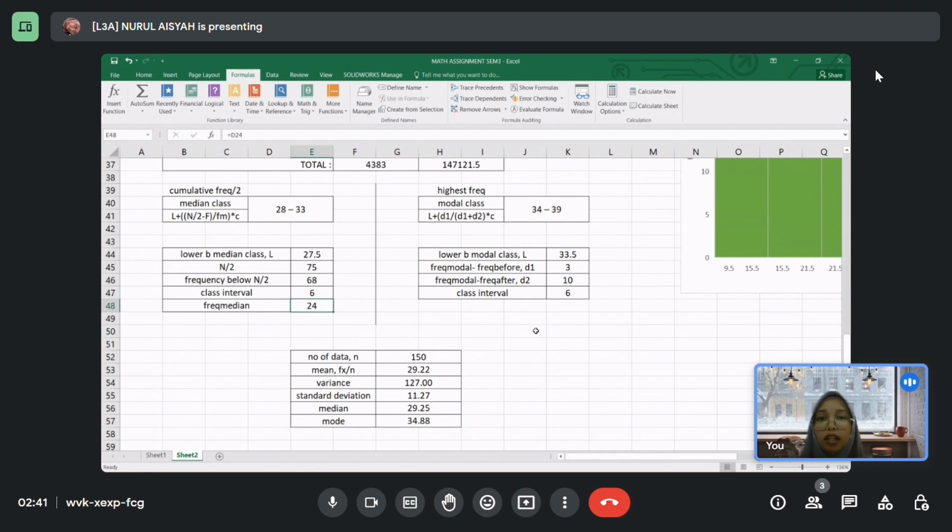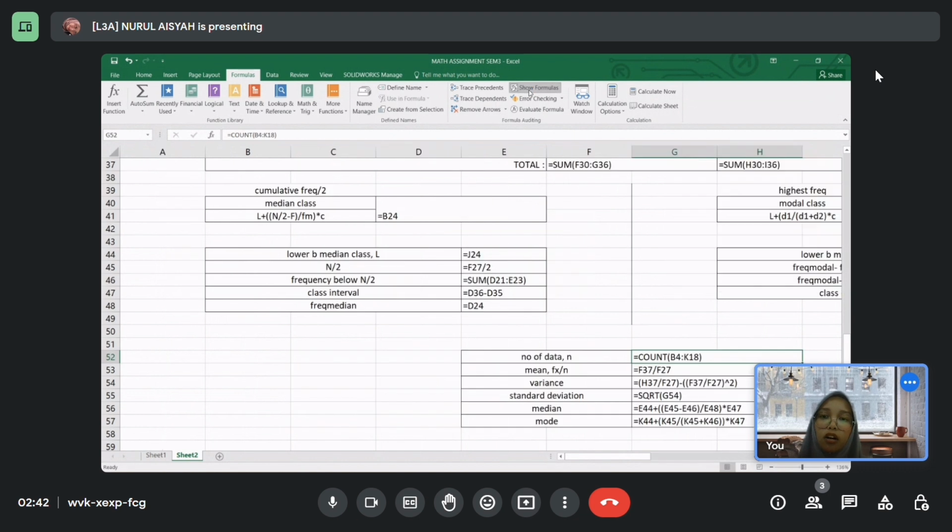For the modal class, we choose the one with the highest frequency, which is 34 to 39. By using the formula shown, the mode value is 34.88.